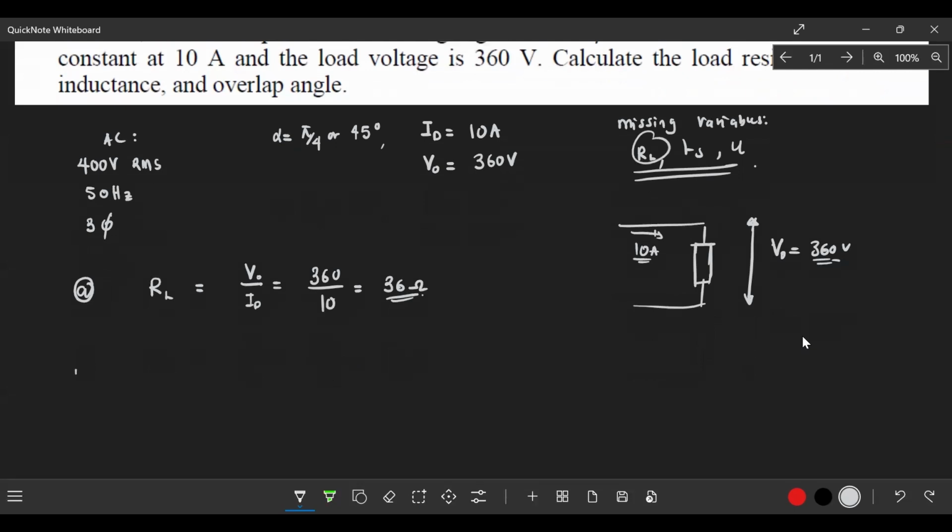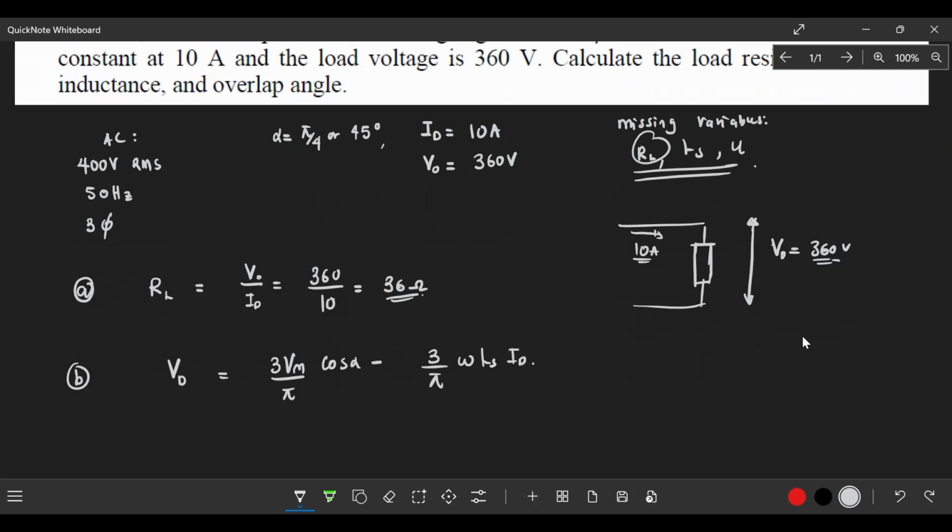Now let's find LS. So part B, remember the equation that we need to use for three-phase. For three-phase, the VD or the V out is simply equal to 3Vm over pi cosine alpha minus 3 over pi omega LS times ID.